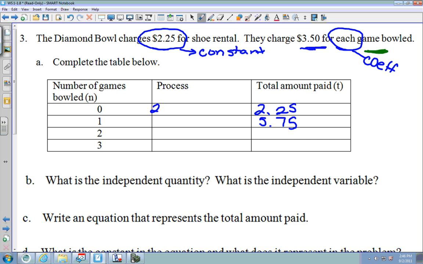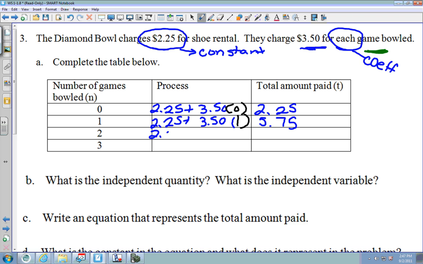I'm taking $2.25 plus $3.50 times the amount of games. Well, this one I said we bowled 0 games, and that's where the $2.25 comes from. This one I've got $2.25 plus $3.50 times 1 game. That's where the $5.75 comes from.